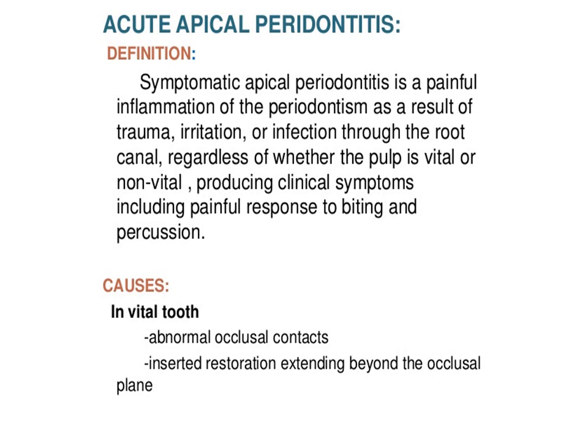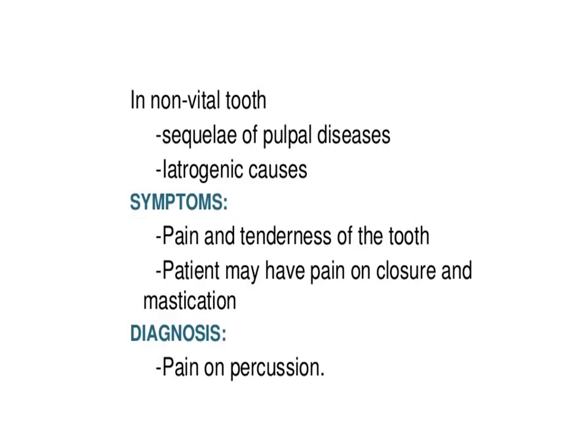So if the tooth is normal, check for abnormal occlusal contact, okay, maybe a high spot in the opposing tooth, or maybe bruxism, or maybe an inserted restoration extending beyond the occlusal plane, which means a high spot, or maybe the same tooth is restored and that restoration is high.